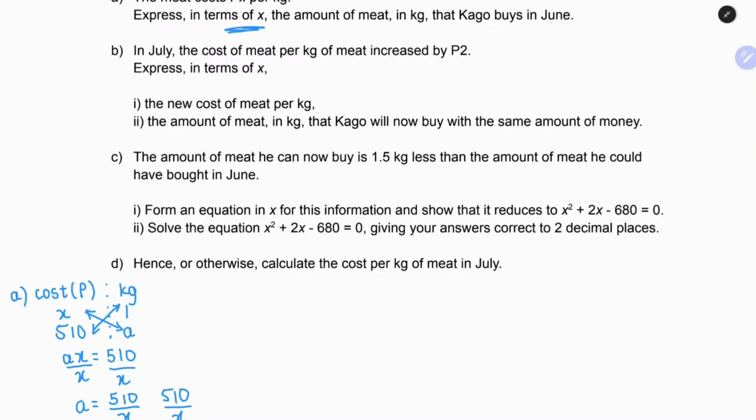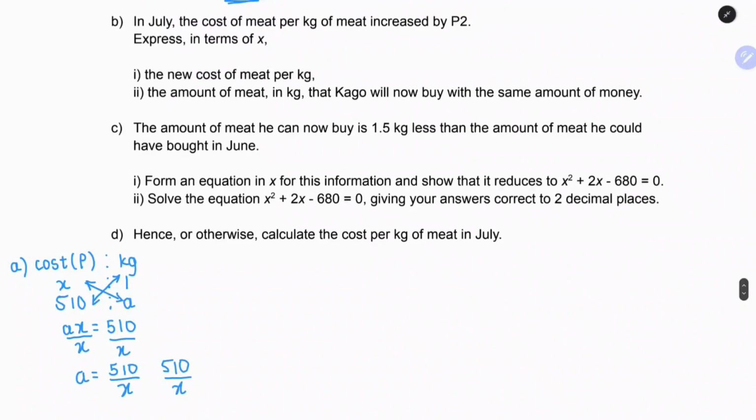And like I said in the previous question, other people can immediately just write that 510 divided by X without having to go through this, because paper 3 is a time paper. You have 2 hours 30 minutes to answer 14 questions, so it would waste a bit of your time to do this.